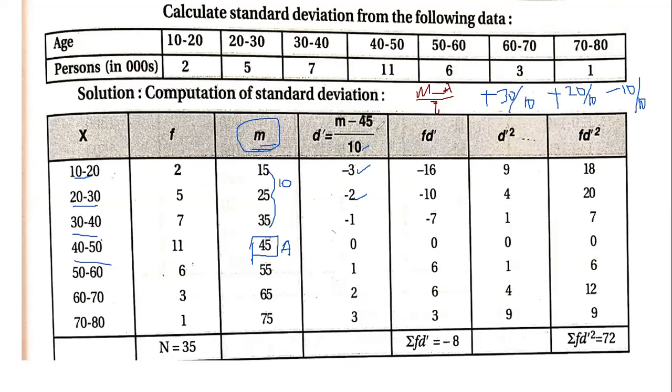After finding D dash, now multiply two columns, that is frequency into D dash, to find FD dash here.